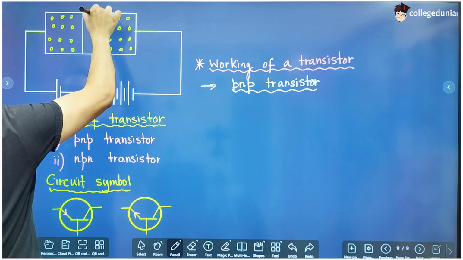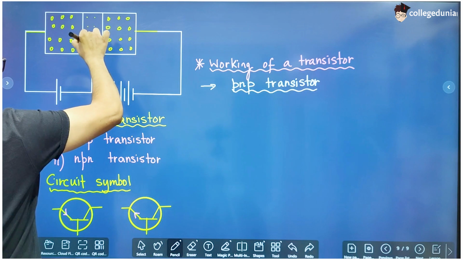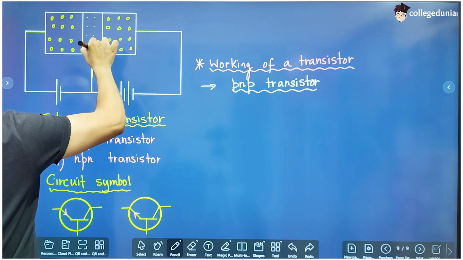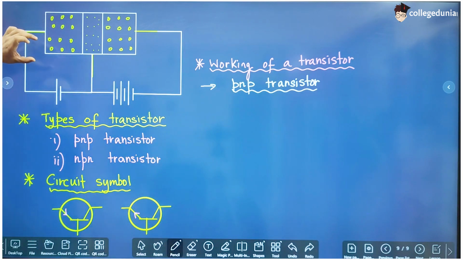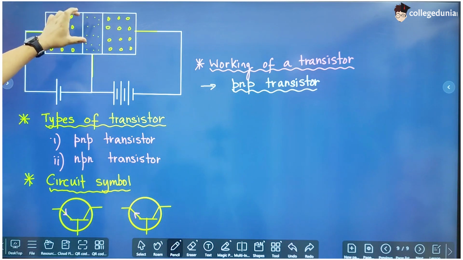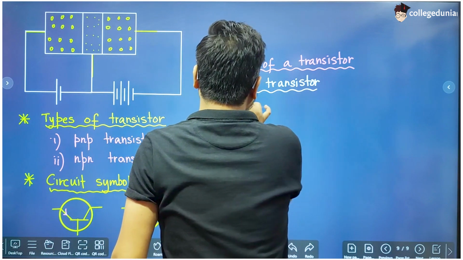And this is an N-type semiconductor, so majority charge carriers are electrons. But as I have told you, this is heavily doped, this is also heavily doped, but this is lightly doped.